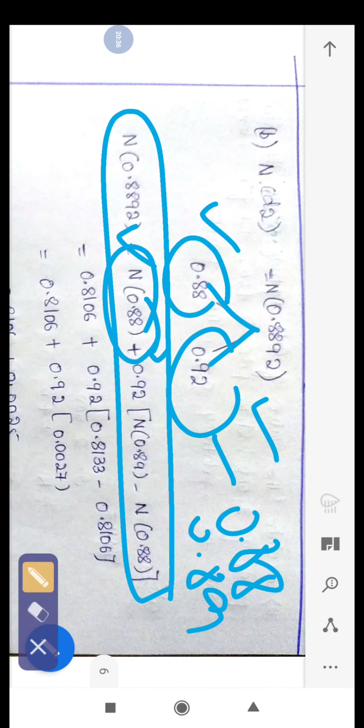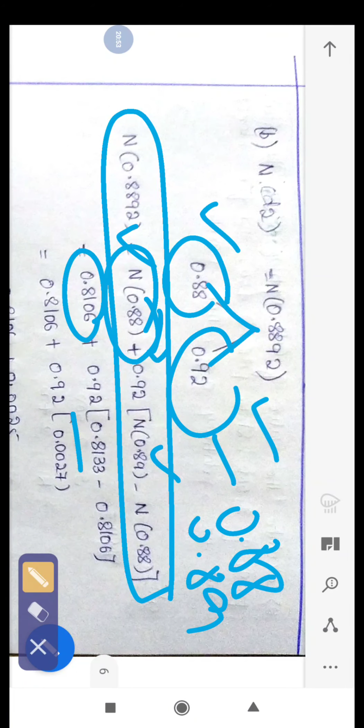So this value you will also get in the statistical table. So 0.806, take 0.92 as it is. This value you will also get in the statistical table. So the value will be 0.8133 minus the value of normal distribution, that is 0.806. So next we have to simplify all this. The final answer will be 0.8131. So here we have simplified all the parts of the equation.